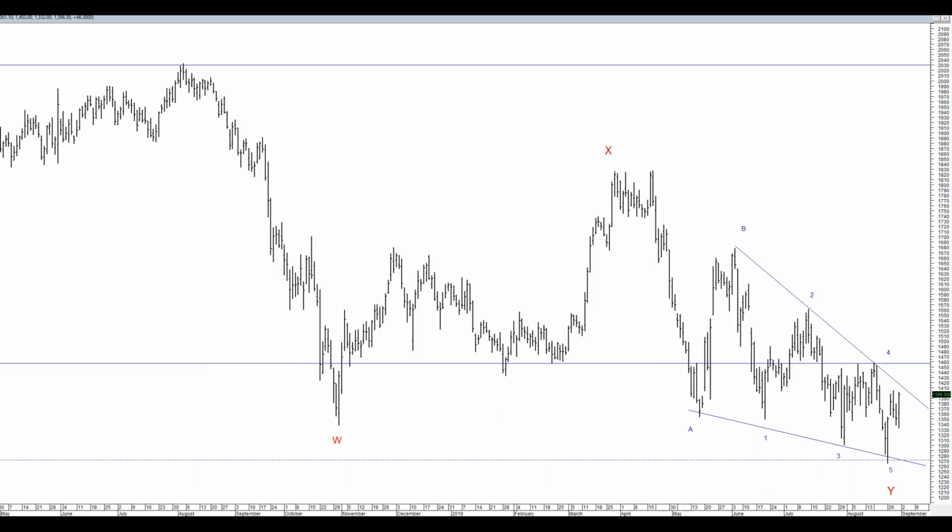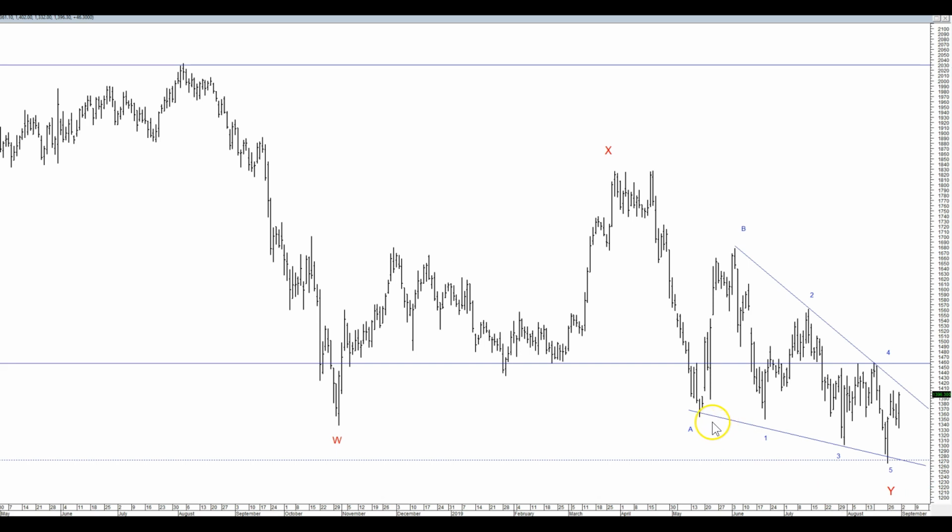And once the ending diagonal is complete, we would see a fast move to the beginning of the ending diagonal, which is at 1680. As per the rules of ending diagonal in the Elliott wave principle, we know that this retracement of the ending diagonal should take place in one third the time it needed to form the ending diagonal.